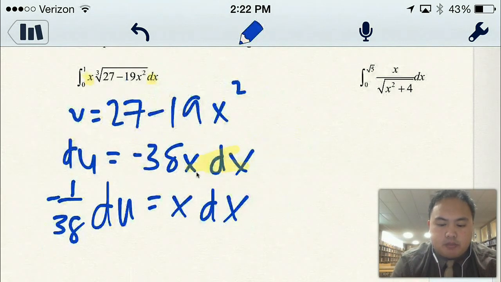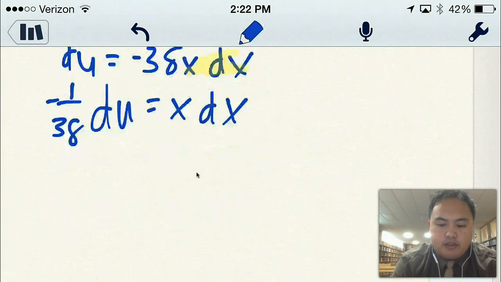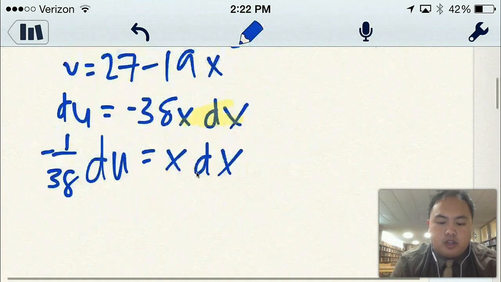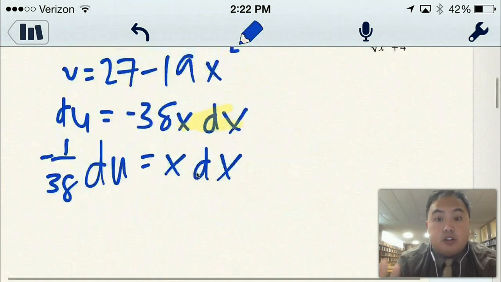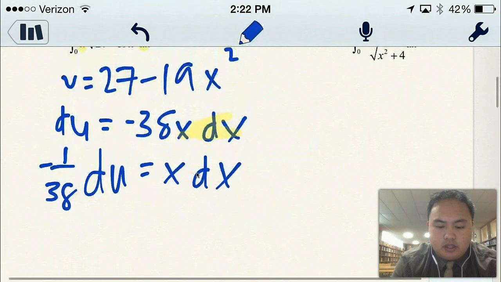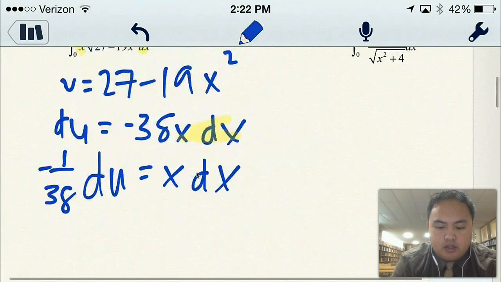So in this particular problem, you'll notice that I have a u-x equation. In this u-x equation, I'm going to plug in the bounds and figure out what my new bounds are. So I have 0 and 1. I'm going to take 0 and plug it into here.